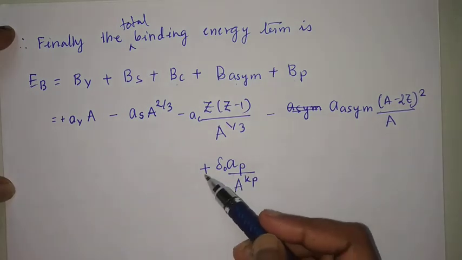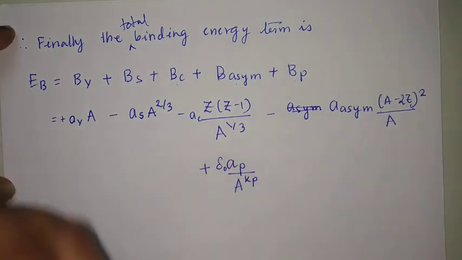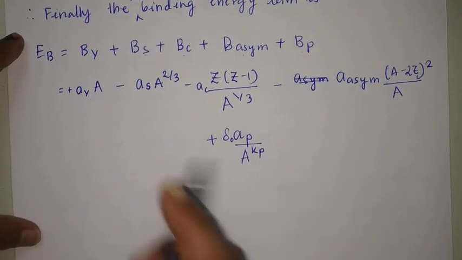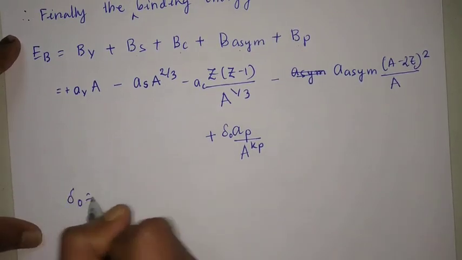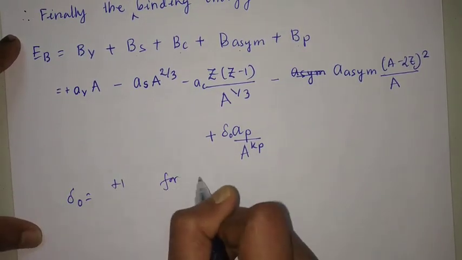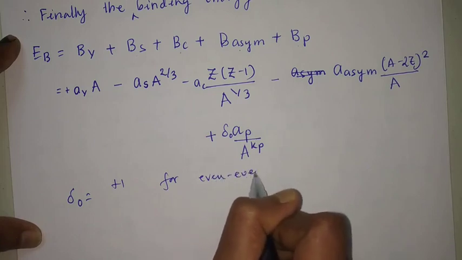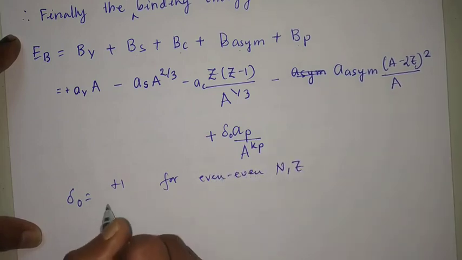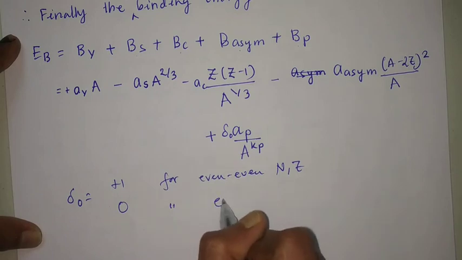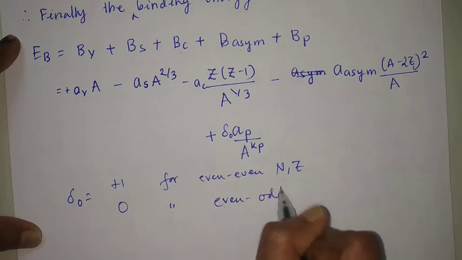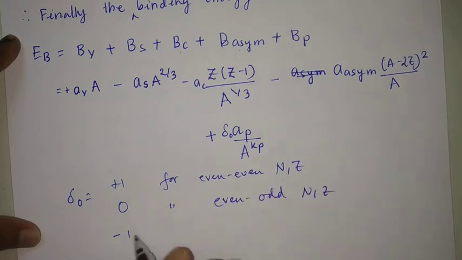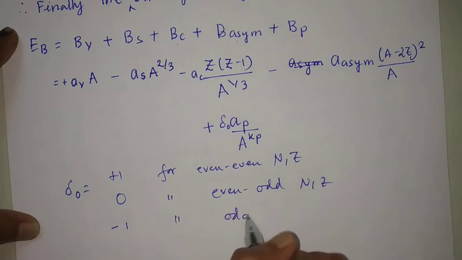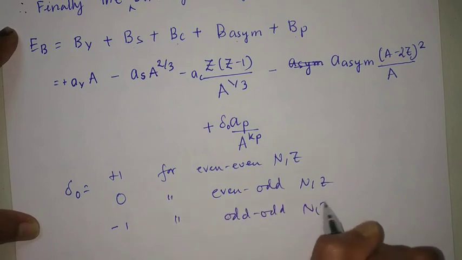Then the pairing term may either increase or decrease. We know delta 0 is plus 1 for even N, even Z, delta 0 is 0 for even-odd N, Z, and minus 1 for odd N, odd Z.